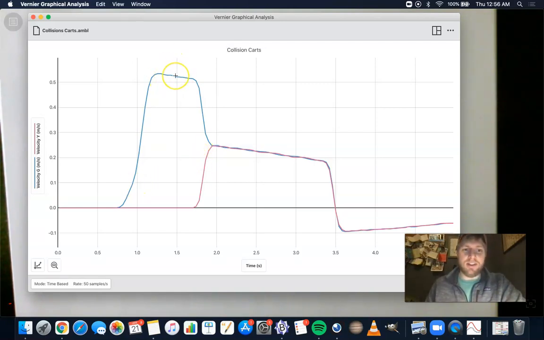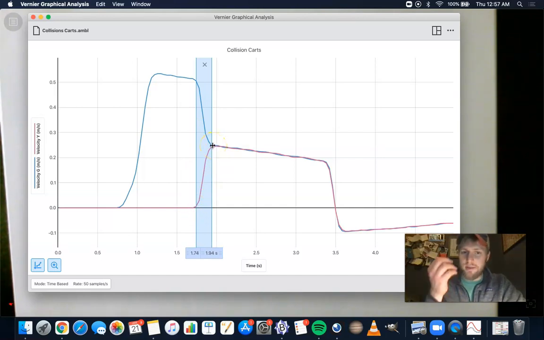This is the cart that I pushed. Notice this is me pushing it, and then it slowed down a little bit because of friction, not too bad. What we want is the velocity the moment before the collision. Notice it slowed down very abruptly over a short period of time, about 0.2 of a second, and this cart was at rest and sped up.